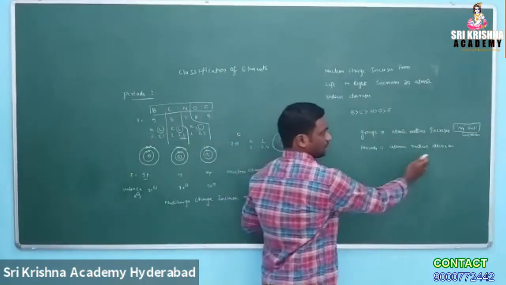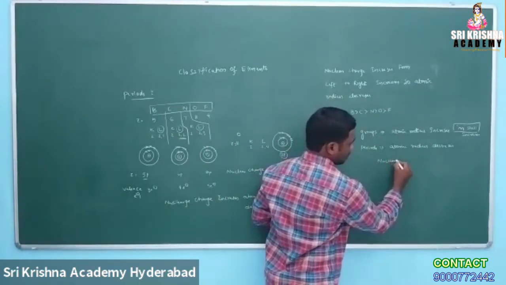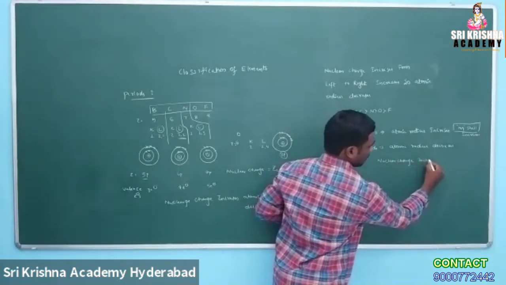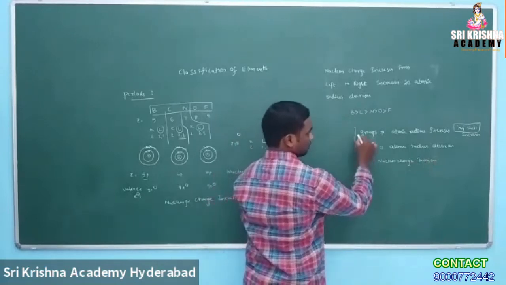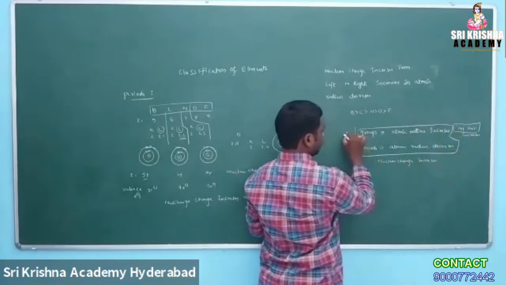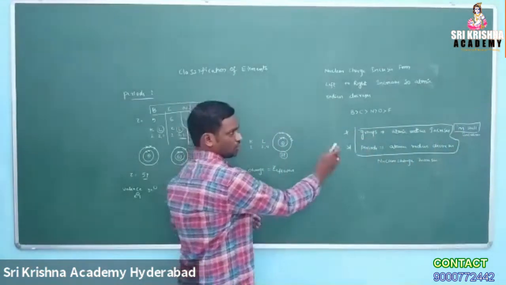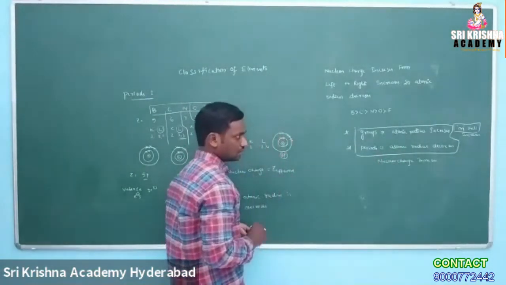So in periods, atomic radius decreases because nuclear charge increases. These are two important properties of atomic radius: how it varies in groups and periods. In groups, atomic radius increases. In periods, atomic radius decreases.